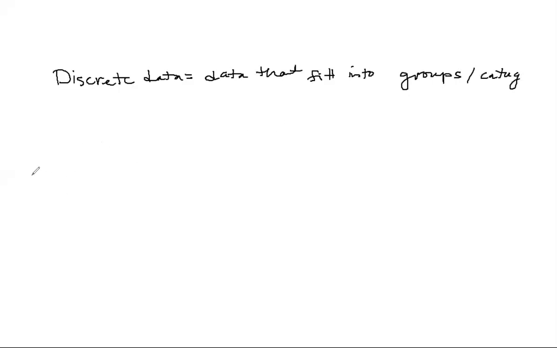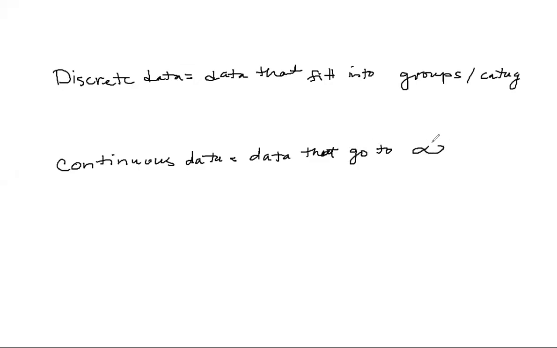And then there's continuous data. These are data that continue to infinity. Kind of weird, right? To infinity and beyond.